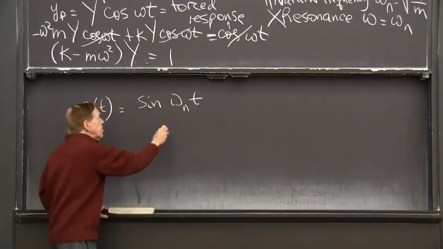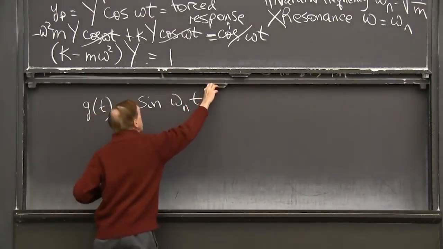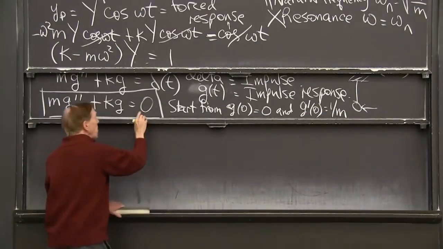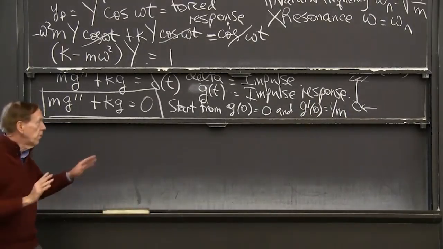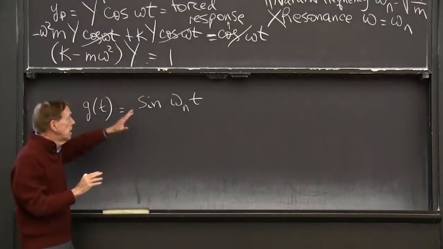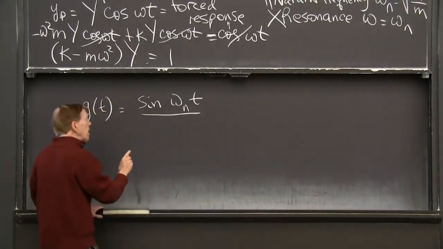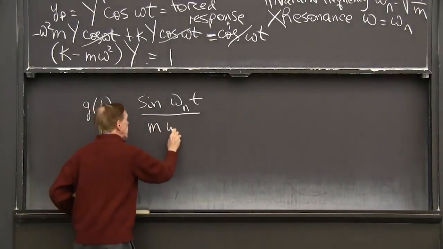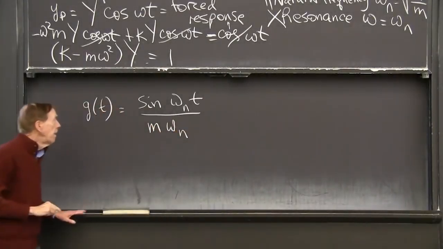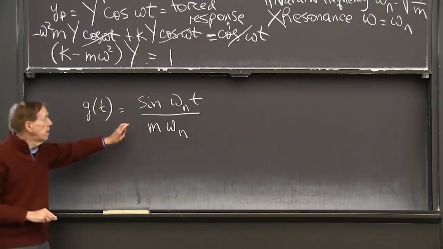And why is it the natural frequency? Because I'm solving the null equation. I'm looking for a null solution. The previous video on null solutions gets me this, only I have to divide by m, to get 1 over m as the initial velocity. Do you see that that will solve the null equation?